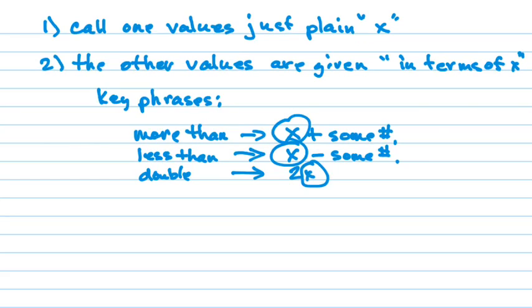Now, you're usually going to get two answers. If you're talking about ages, usually what happens is one of those answers will be positive and the other will be negative. We have to make sure to choose the one that makes sense.